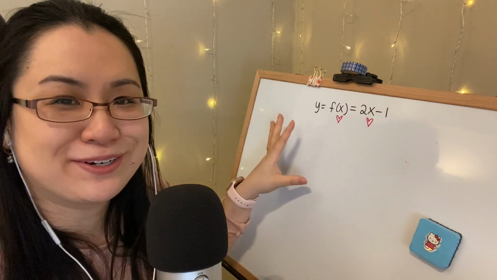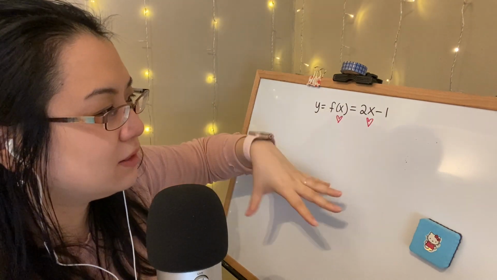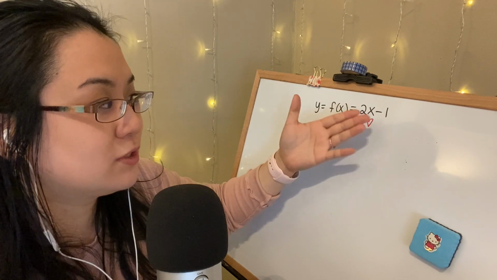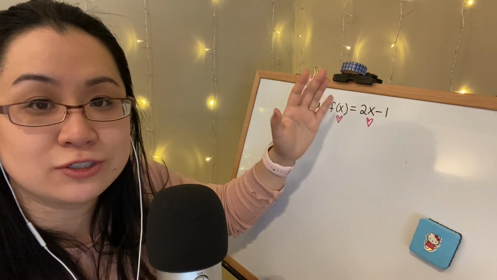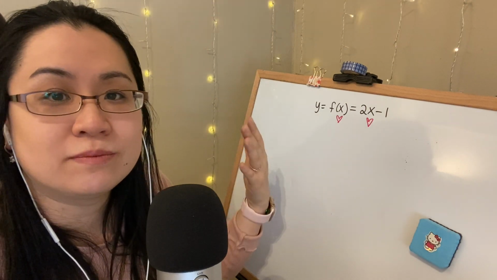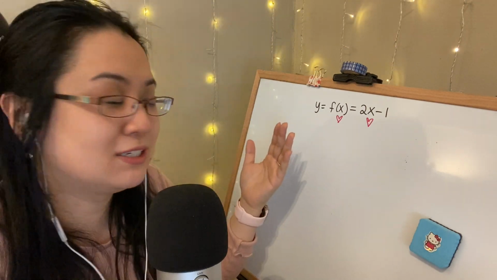That word domain we're going to come back to, but as long as you pick inputs that are actually valid for your function or your set of instructions, then it's just independent from anything else. You just pick it, right?